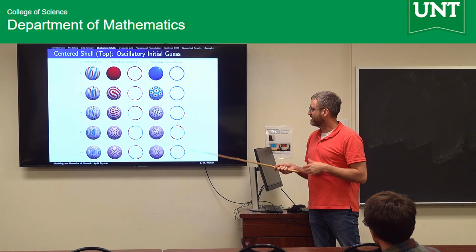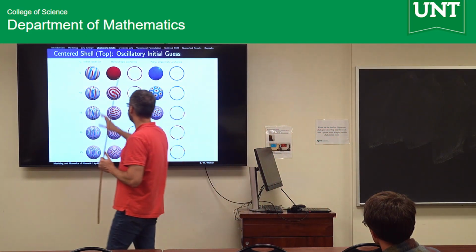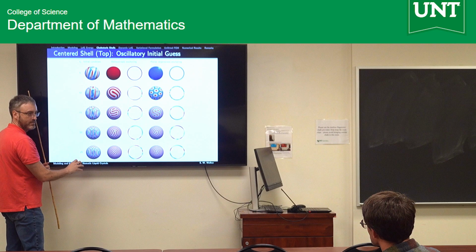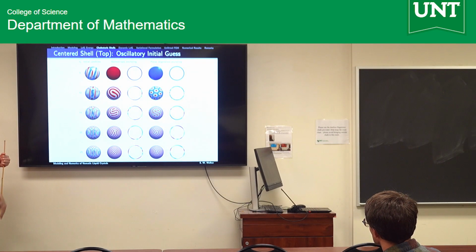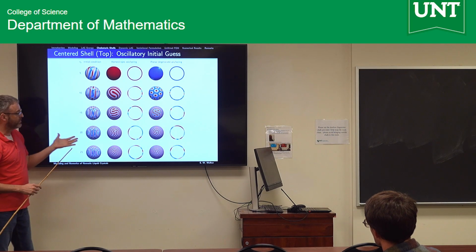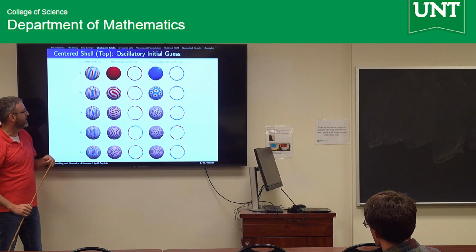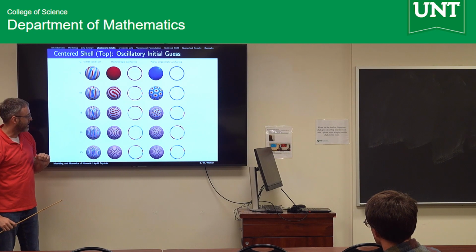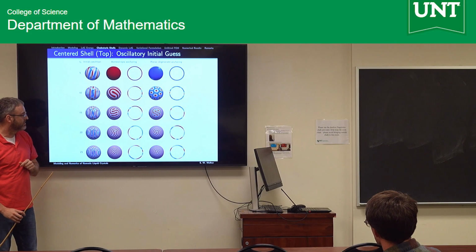This is essentially doing the same thing, but giving a much more ridiculous initial guess. This is a non-convex problem. You're trying to minimize a function that's not convex, so it has multiple minimizers, and this just picks up other minimizing states. You can see these different defect patterns that show up in the color.